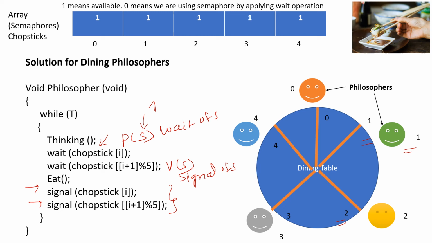The philosopher who wants to pick up the chopstick will make the value of S 0, and only then can it go inside.